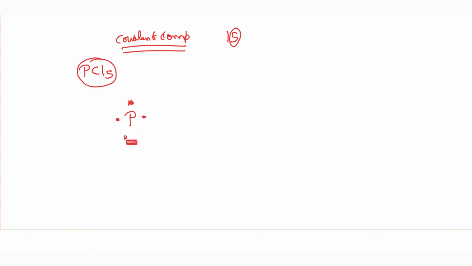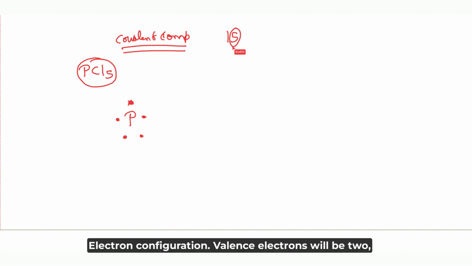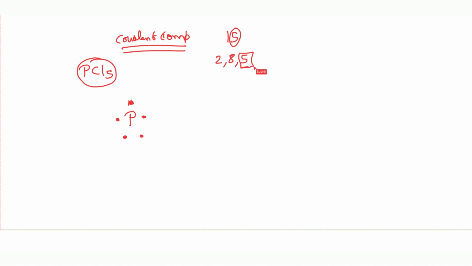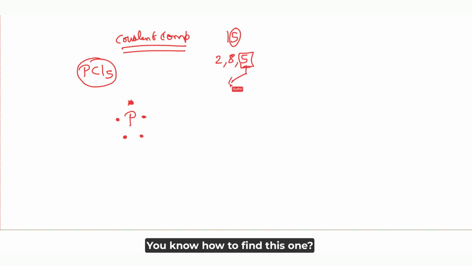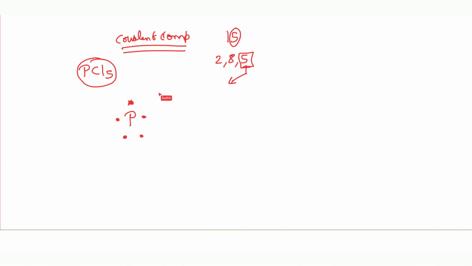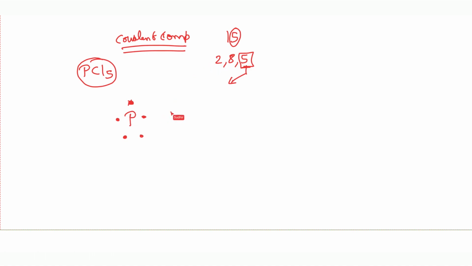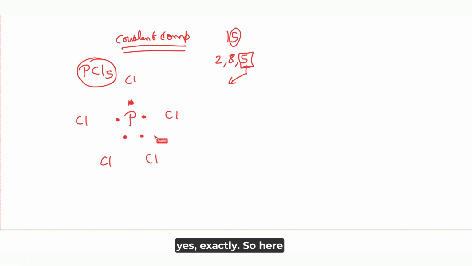The electronic configuration is 2, 8, 5, and this 5 is the valence electrons. What are the valence electrons for chlorine? For chlorine, there are 7.